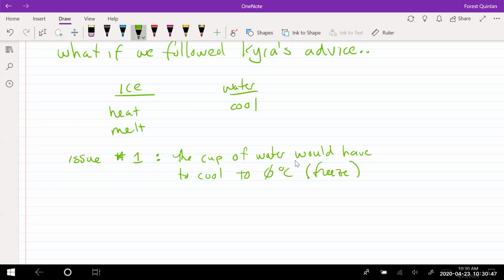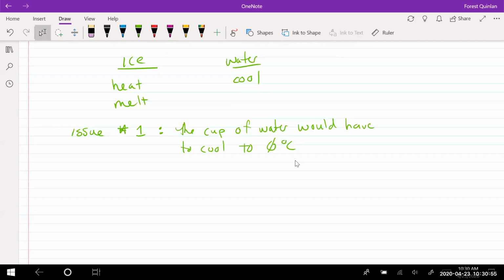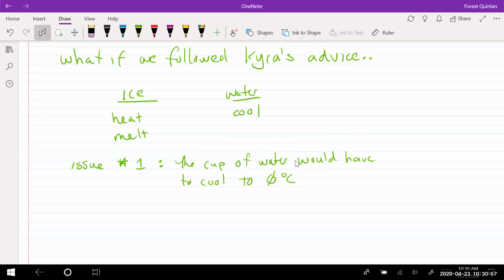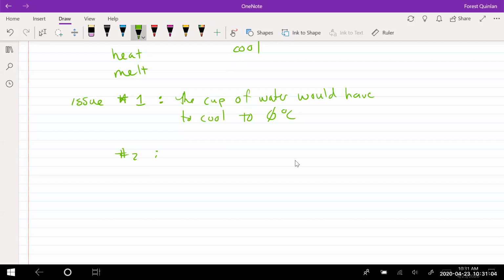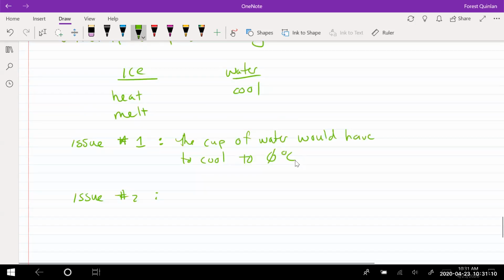Not necessarily. Well, okay, yeah, you're right. I misspoke there, Dallas. It would have to cool all the way down to 0 degrees Celsius, in which case we have no final temperature to look at. Issue number 2 is if we look at the values here, we're going to have a problem.